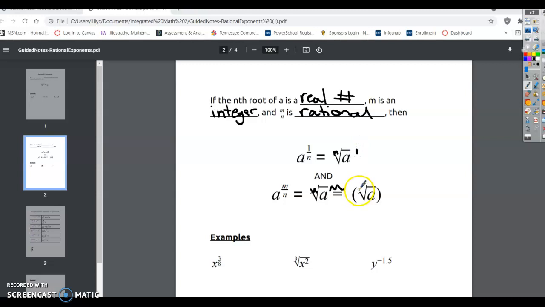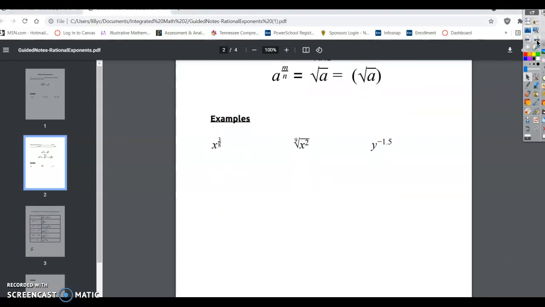And that equals the same thing if we have n here, and it can be outside the parentheses as well. So m can be a to the m power under the radical, or it can be in parentheses and the whole thing raised to m. So these are just different ways that these are equivalent. All right, again, we're going to look at some examples of how this works with numbers.